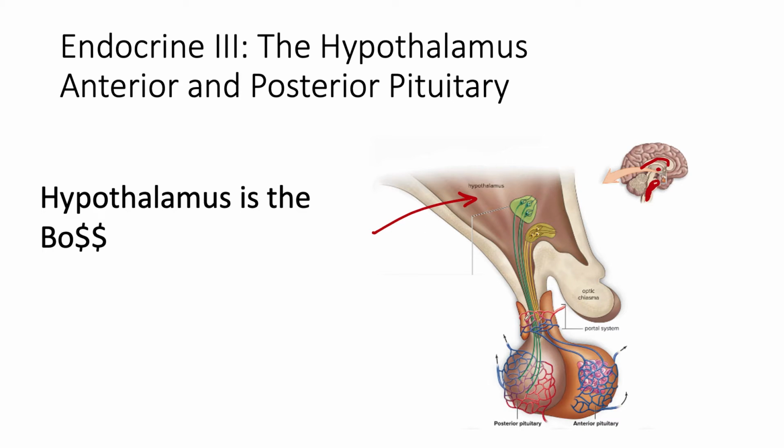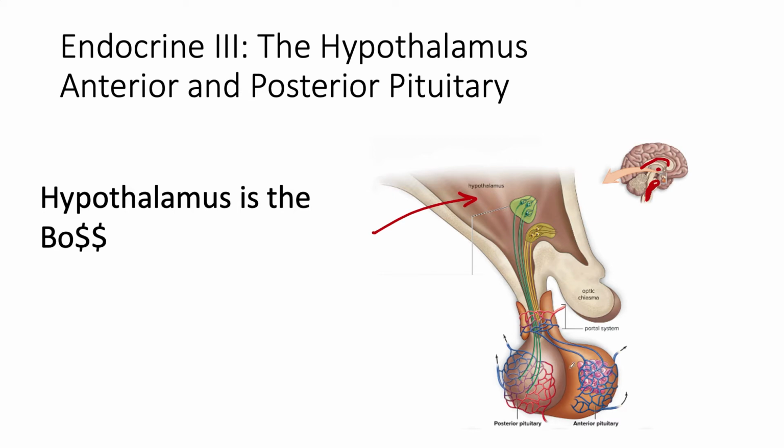And hanging down from the beak is something that looks like maybe a little seed, and that's actually the pituitary gland. And the pituitary gland is actually made up of two portions. We've got the posterior pituitary, which is posterior, which is why it's called that, and the anterior pituitary, which is anterior. They both are involved with hormones and regulation of the body, but they do it in a different way.